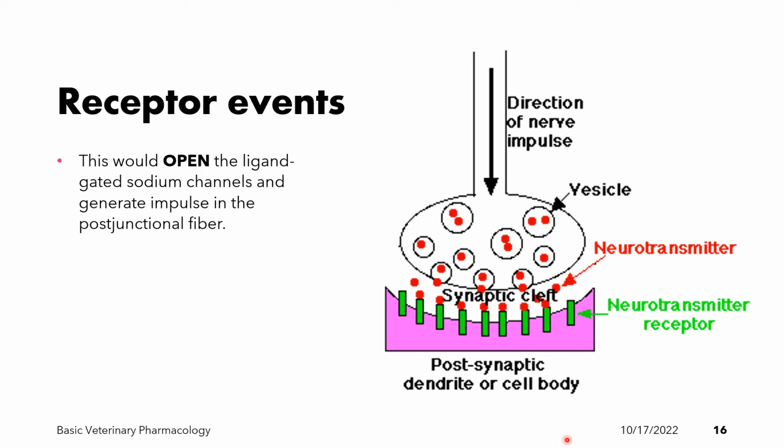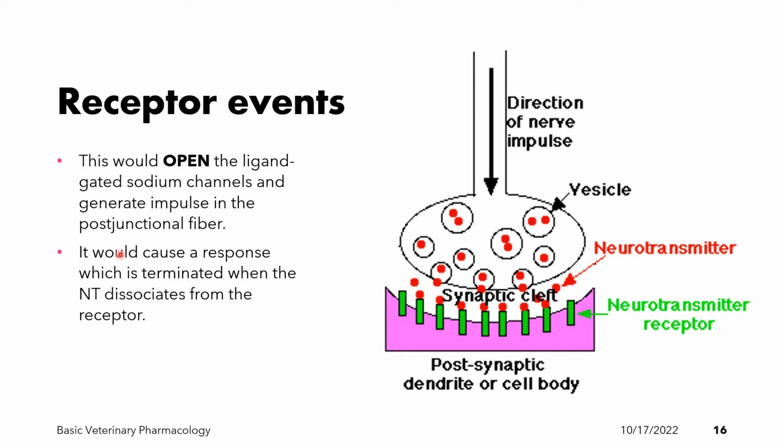The binding of the neurotransmitter to these receptors would open the ligand-gated sodium channels and generate an impulse in the post-junctional fibers. When the sodium ions enter the cell, that will trigger the generation of the impulse through the action potential. It would cause a response which is terminated when the neurotransmitter dissociates from the receptor.